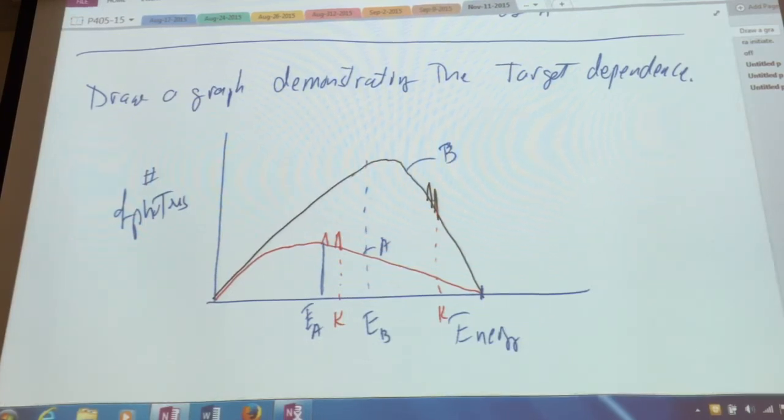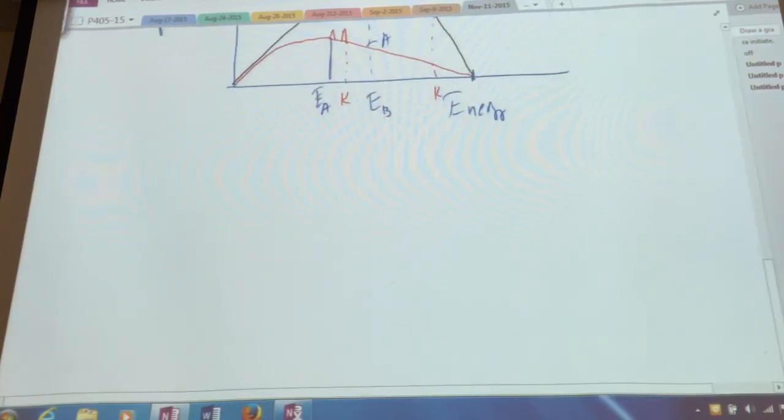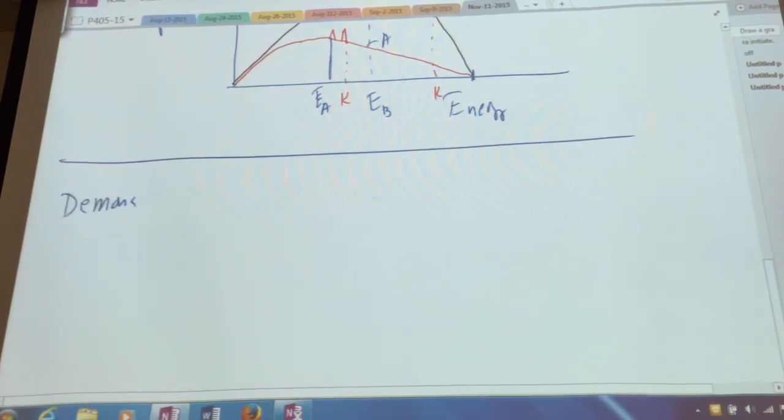So there's 5 graphs. Wait, there's 5 graphs, yes. I was waiting for someone to figure that one out. We've done 3, what are the next 2? Can you do them without looking at your notes? Demonstrate filtering.